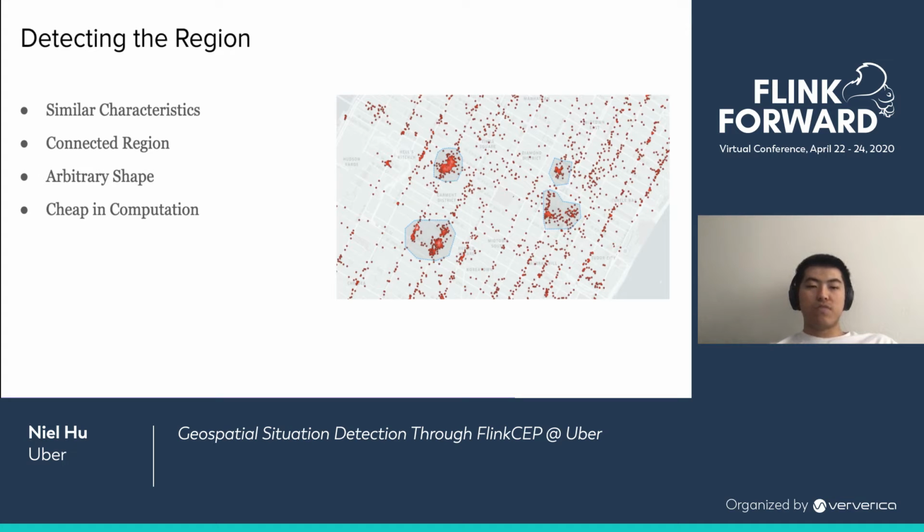So the region definition here is basically a geospace generated by clustering, maybe, of the same type of events or those exhibiting similar business characteristics, business metrics. Also, one single region has to be a connected geospace. It could be an arbitrary shape, a square, circle, or any shape actually. And since we have to do this around the world, it must be cheap in computation.